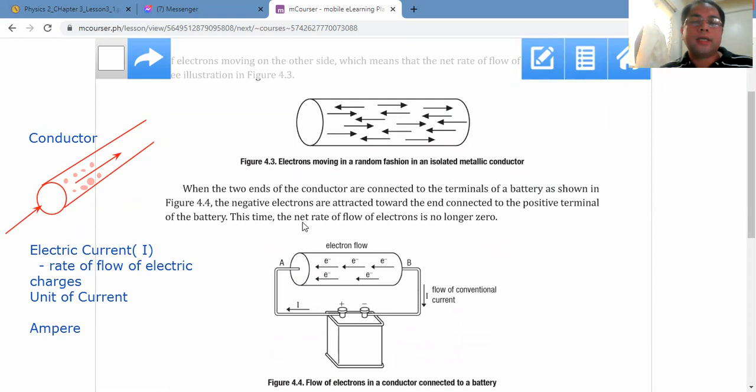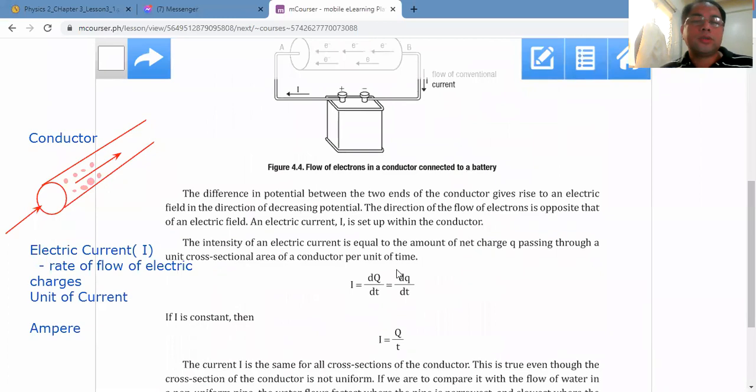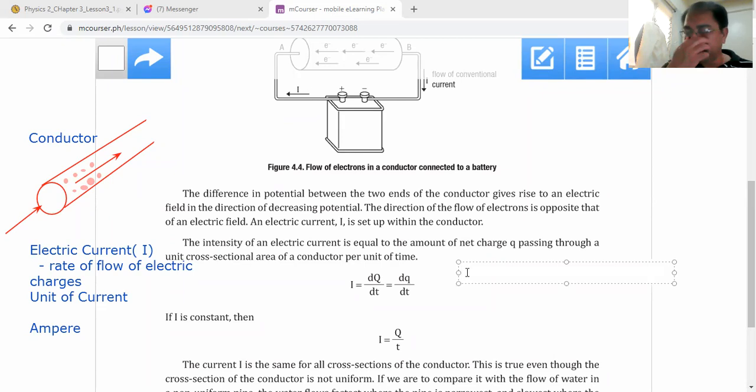So again, the rate of flow of the electrons is known as I. I is representative of the electric current. So that's the way we calculate I: if we are to use knowledge in calculus, you have the derivative of q over the derivative of time, dq over dt.